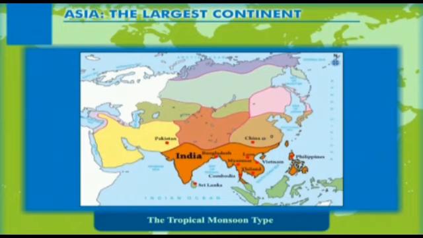Second point is a distinct rainy season, which lasts from June to September, and this rain is due to the prevalence of the southwest monsoon wind. Number three, it receives rainfall caused by the southwest monsoon in summer and the northeast monsoon in winters.